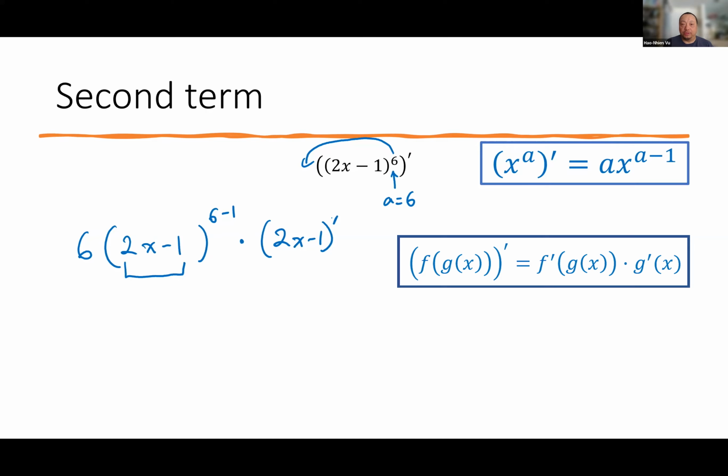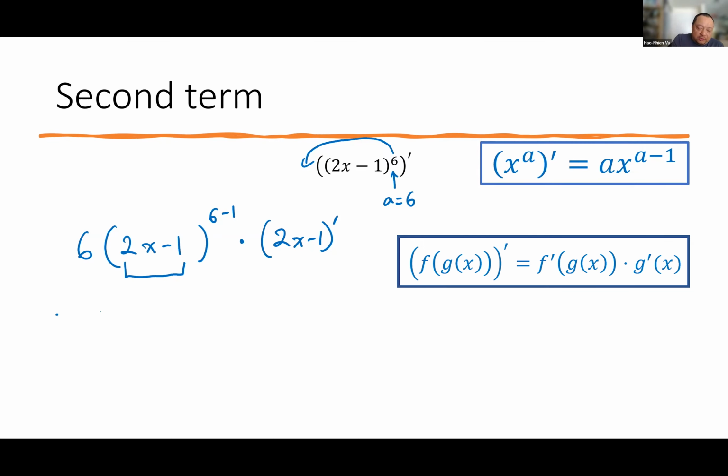That's what the chain rule says. I take the derivative of the outside, the f. Then when I'm done with that, I make sure I multiply by the derivative of the inside, the g. And then if there's something inside of that, I multiply by the derivative of the inside of that as well. Some people say do it like you're peeling an onion. You get one layer out, and then you differentiate the inside, one layer at a time.